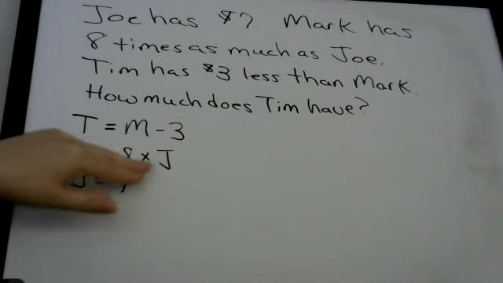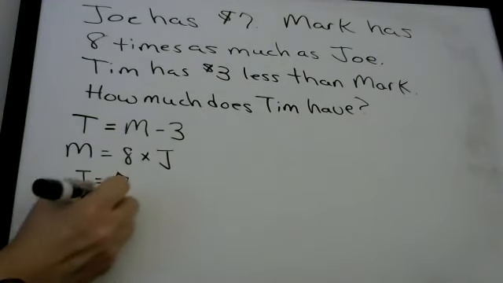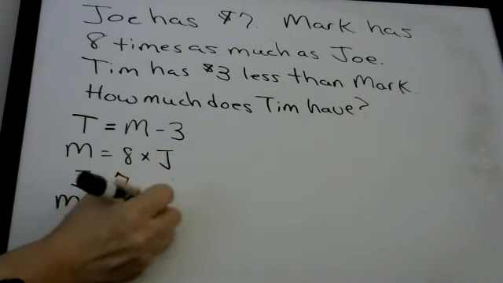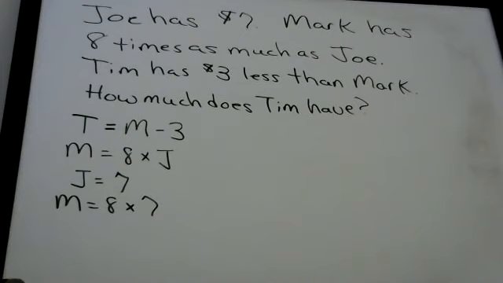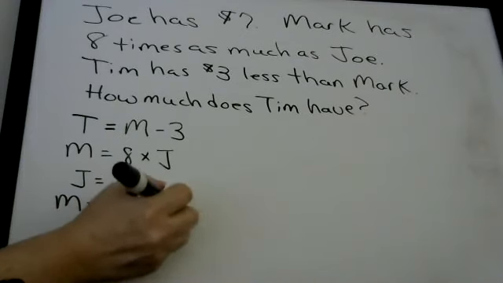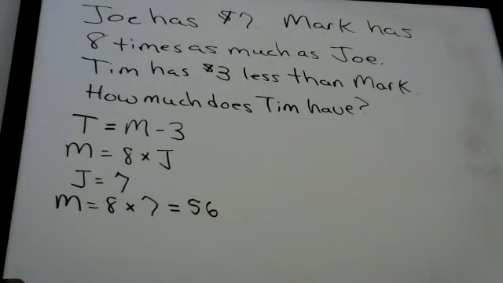M equals 8 times J, so M equals 8 times 7 because Joe equals 7. So Mark equals, if you do the multiplication, 56. But we don't want to know how much Mark has. We want to know how much Tim has. Now we can solve for Tim.